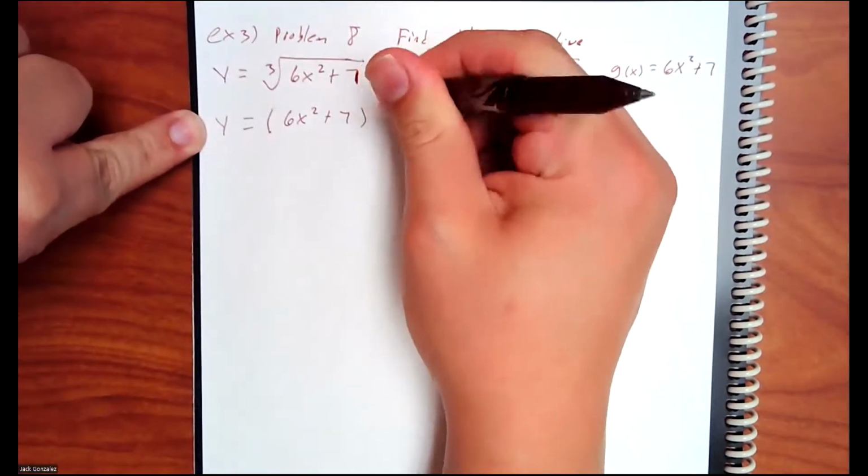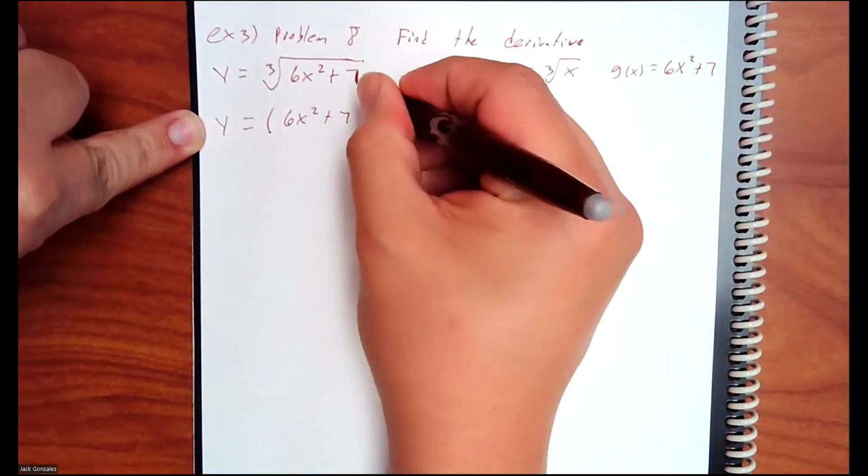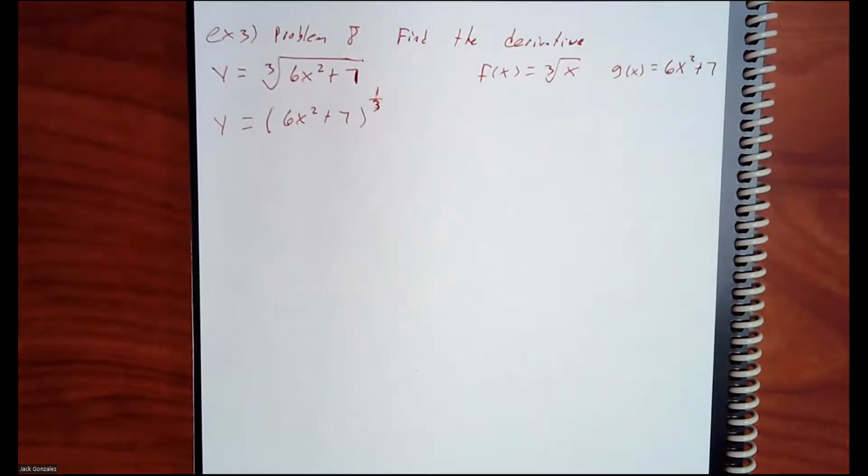So you see how a cube root is the same as a 1/3 power, right? So this would be the 1/3 power of x squared plus 7, to the third.